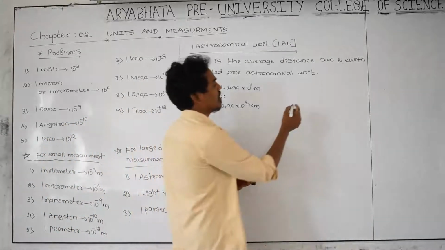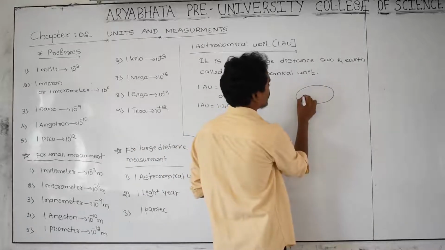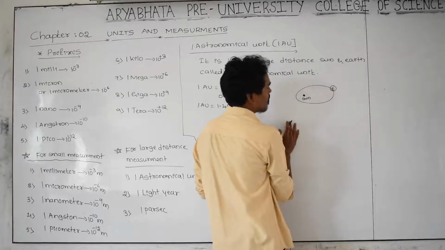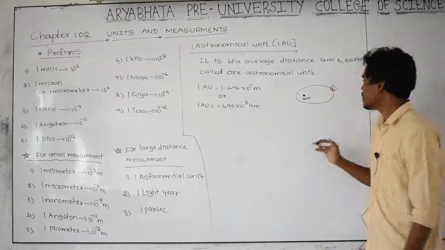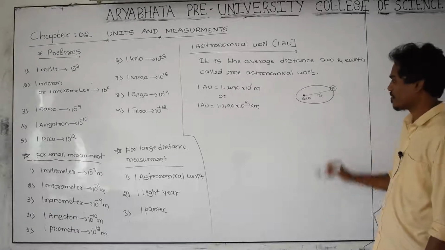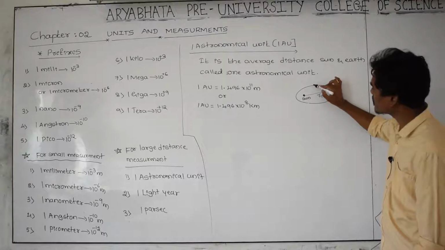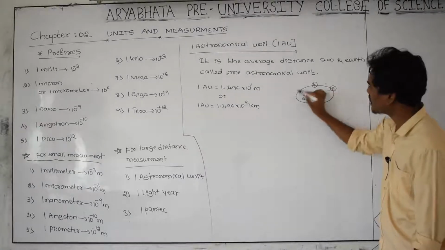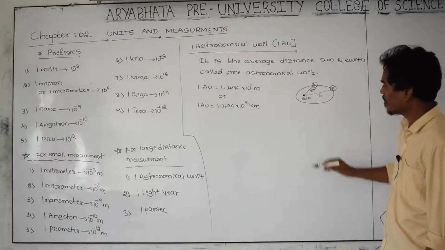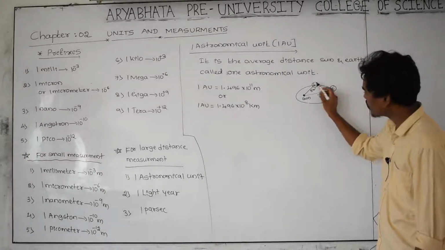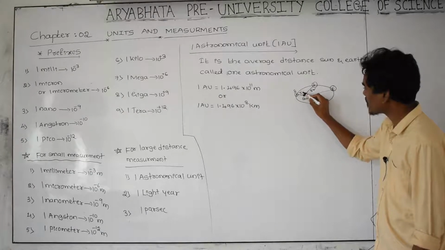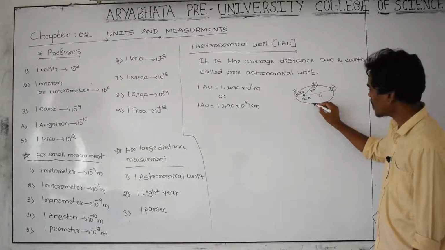How come that is? Let us take this as the position of the Sun, and this as the position of the Earth. If the Earth is at this point, the distance between the two is R1. If the Earth is at this point while it is continuously moving, the distance between Sun and Earth is R2.